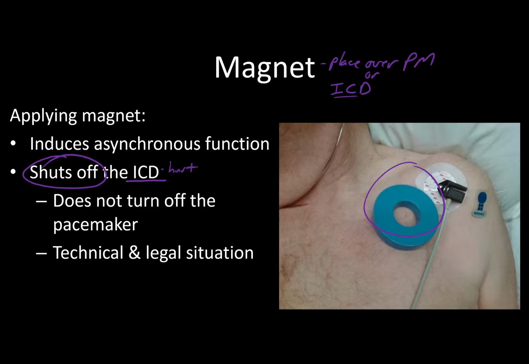The other thing it does for the pacemaker is it induces asynchronous function in the pacemaker. What does asynchronous function mean? Well, I'm going to write that out real quick in green. Asynchronous function is where the sensing is turned off, and it paces continuously no matter what.